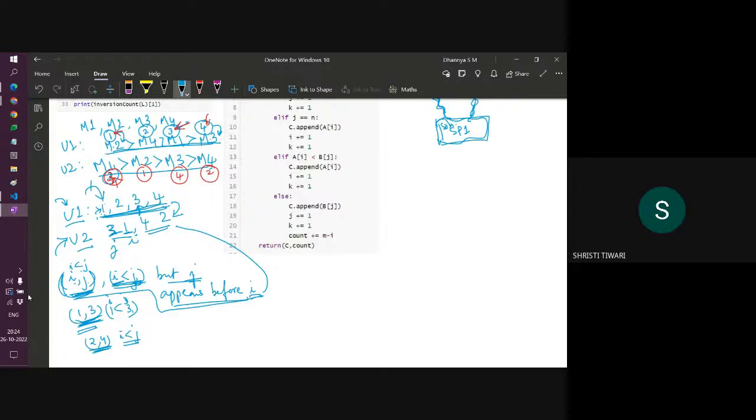Yes, ma'am. So, ma'am, we can say that U1 defines the regular ordering, that 1, 2, 3, 4, which is my ordering, suppose, and U2 is another person. And in U2, we have to check whether the ordering is the same, or whether something appeared before something which should appear before it as per ascending order.